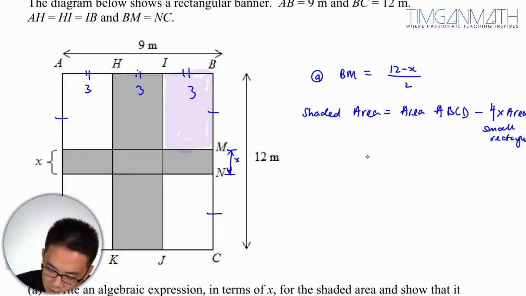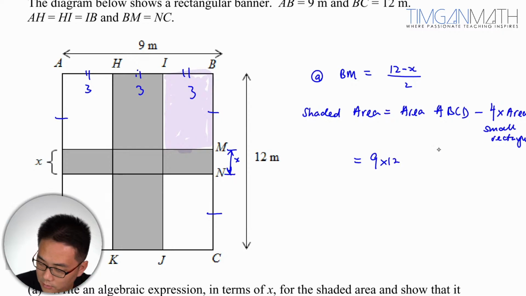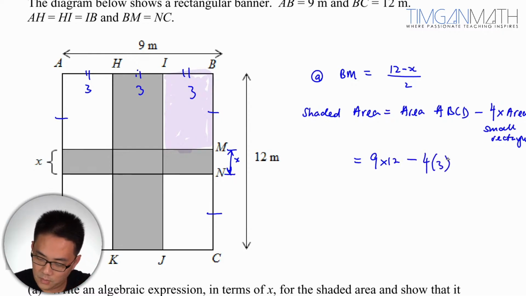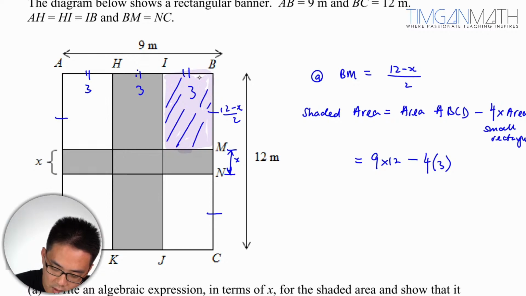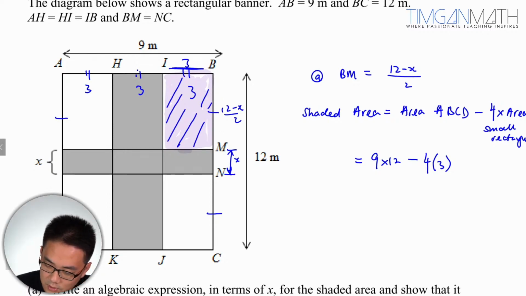So the area of ABCD will just be 9 times 12. 4 times the small rectangle will be 4 times 3, which is IB, times BM, which is actually 12 minus x over 2. So this will be 4 times 3 times 12 minus x over 2.